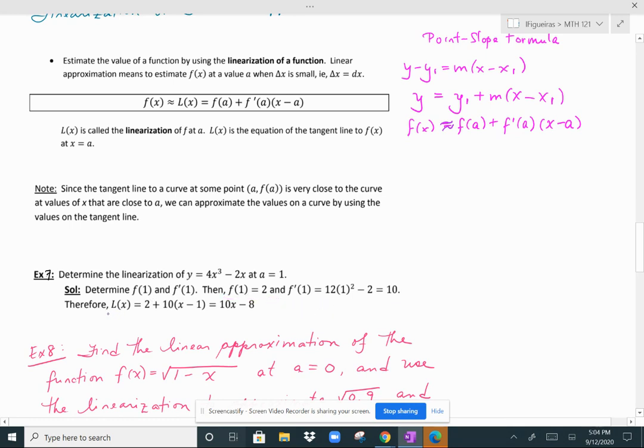Your linearization will be f of 1, which is 2, plus the derivative 10 times x minus a, which is 1. And if you distribute and combine like terms, your linearization is the line 10x minus 8. So your linearization will always be a linear equation.